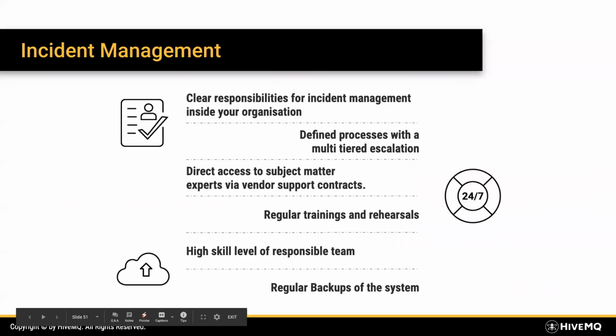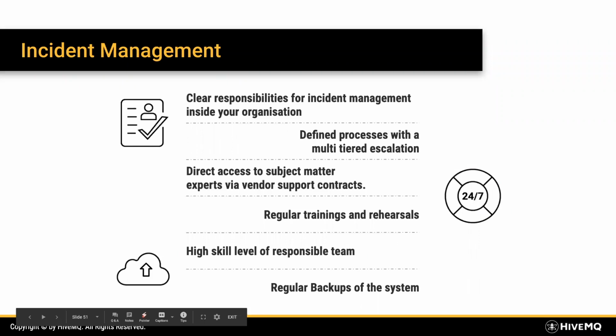What is incident management? Incident management is that your company and your teams are ready to handle incidents. At some point, something will go wrong, and then you need to be ready for it. You have to make sure that there is a clear responsibility within your organization for incident management. Who is responsible? Who do I call?